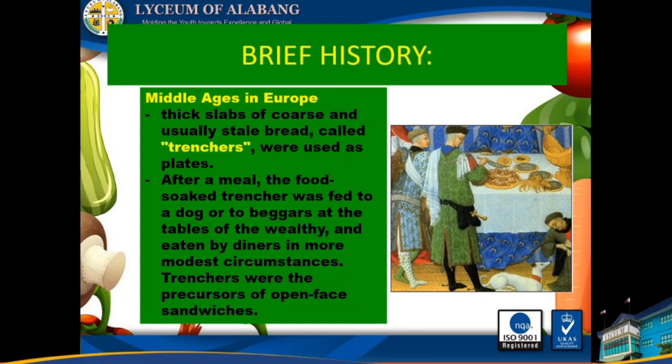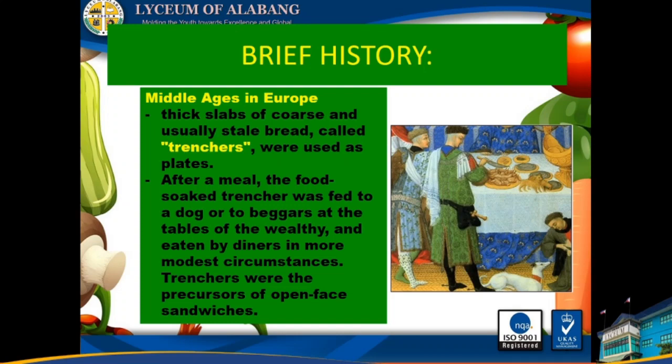The trenchers, thick and stale, absorbed the juices, the grease, and the sauces. At the end of the meal, one either ate the trenchers or, if hunger had been satisfied, tossed the gravy-soaked bread to their dogs or gave it as alms to the less fortunate or poor.